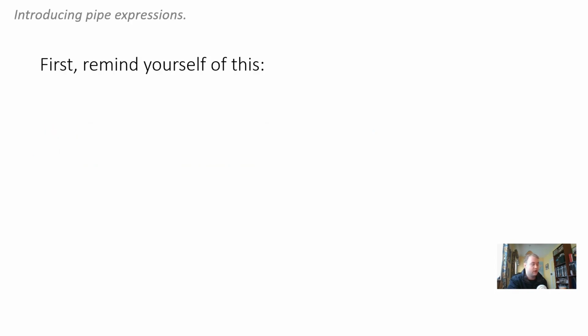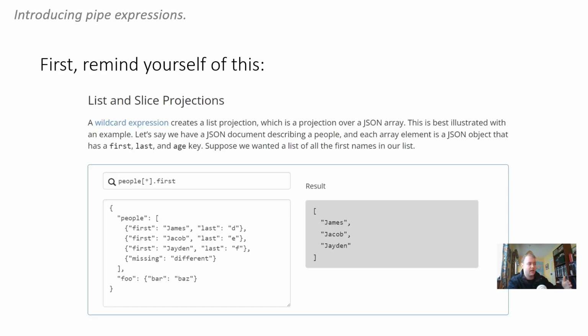Okay, now we're going to move on to pipe expressions, but first just remind yourself of something we've looked at so far. There's the classic example of a list projection, people and then an asterisk in square brackets dot first, and we've got each person, each hodgepodge of properties is an associative array. The associative arrays are separated by commas, and we were able to tinker with this.